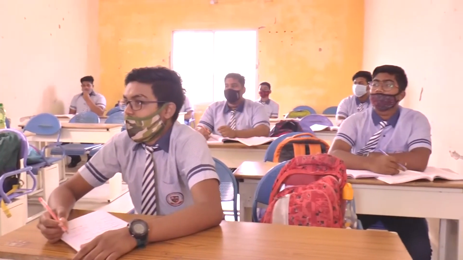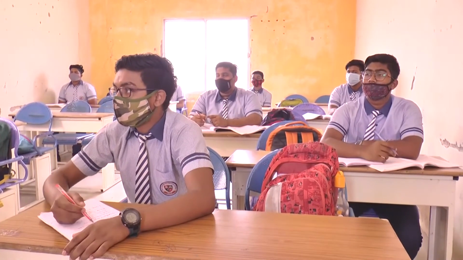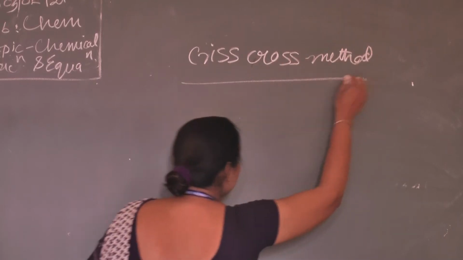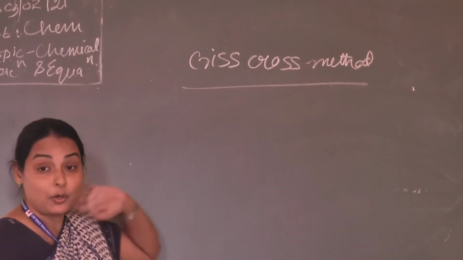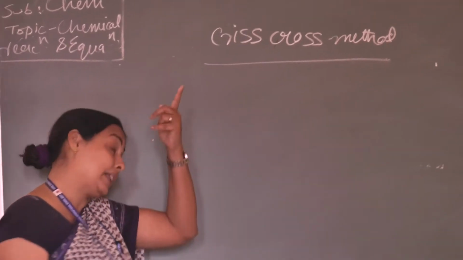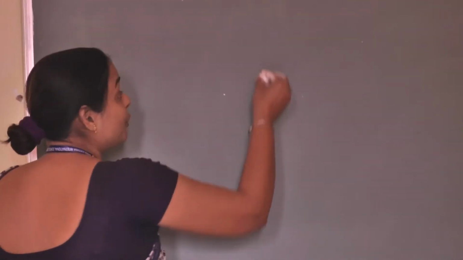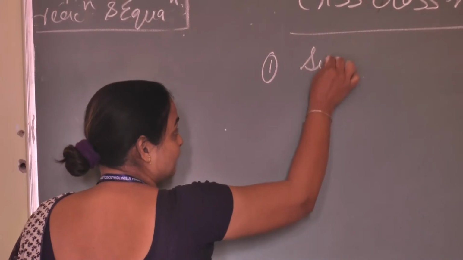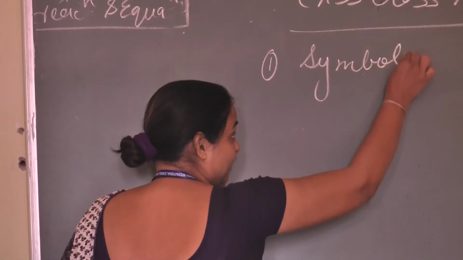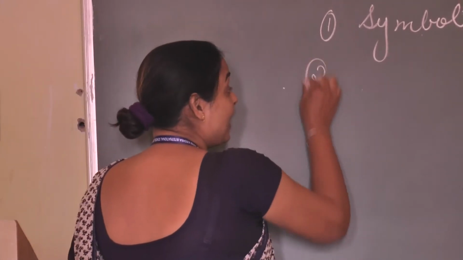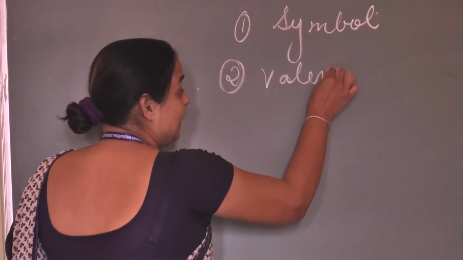To write formulae, we use a method which we call the crisscross method. To know about this, I started with the name of the element with the symbol. If I have to make formulae, first I have to remember the symbol. Second, I have to remember the valency.